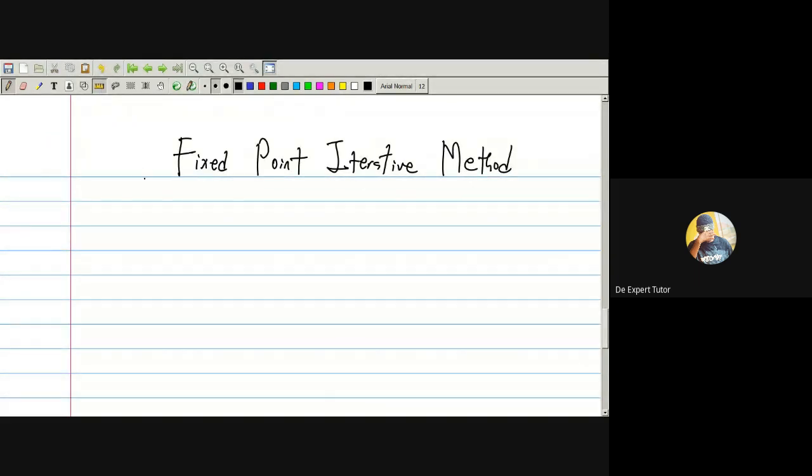Okay, so let's look at the fixed point iterative method.